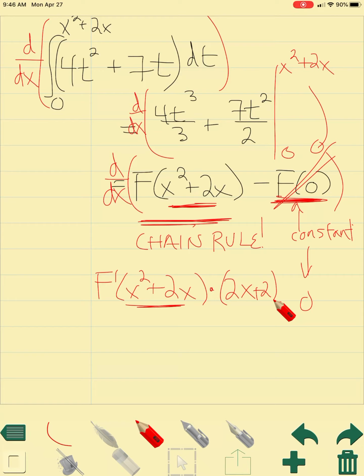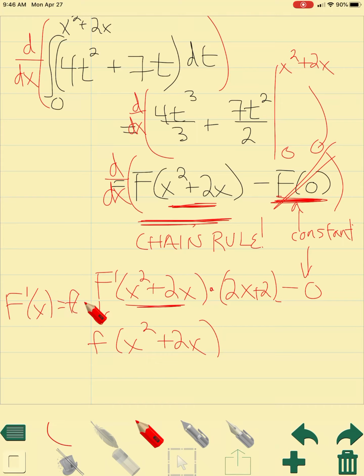So this would end up giving us something like F prime of this. Well, this is just f of x squared plus 2x, because we know that capital F prime of x is equal to lowercase f of x, times 2x plus 2. Basically, I'm plugging this function into the function up here.